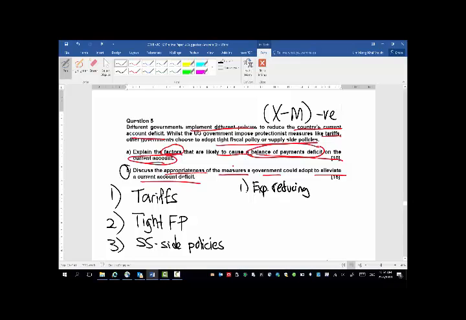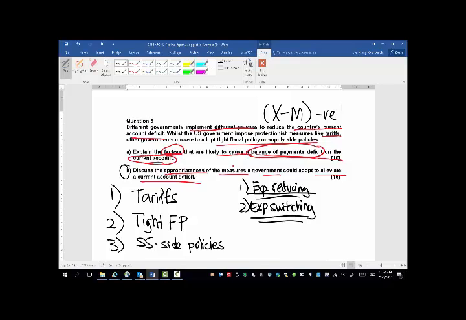One is expenditure reducing, one is expenditure switching. Why is there a need for us to reduce, to switch your expenditure? Why? Import more. We want to import more or you don't import more?